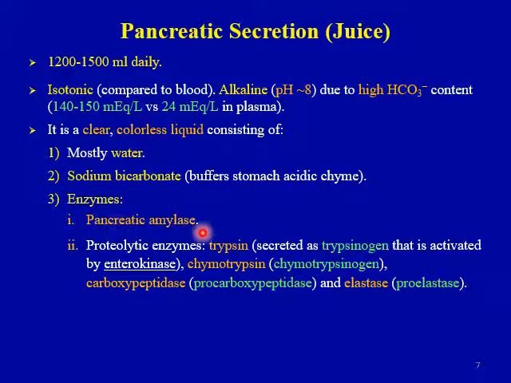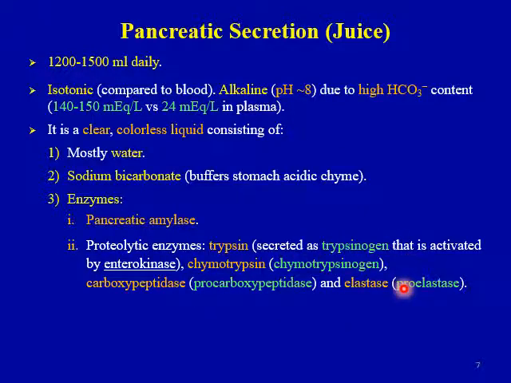These are pancreatic amylase and proteolytic enzymes: trypsin, that is secreted as an inactive enzyme, trypsinogen, and it is activated by enterokinase that is present in the duodenum; chymotrypsin, released as chymotrypsinogen, the inactive form; and another peptidase, carboxypeptidase, released as procarboxypeptidase, which is again inactive; and elastase that is released as proelastase.